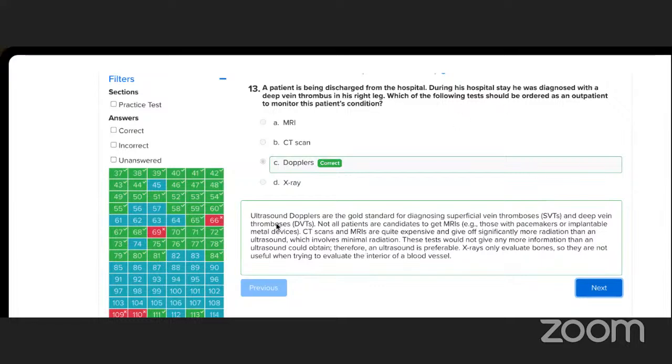Ultrasound Dopplers are the gold standard for diagnosing superficial vein thrombosis and deep vein thrombosis, so for both they're going to order the ultrasound Doppler. CT scans and MRIs are quite expensive, so they will not order them. These tests will not give any more information than an ultrasound could obtain. Therefore, a Doppler ultrasound is preferable. X-rays only evaluate bones.